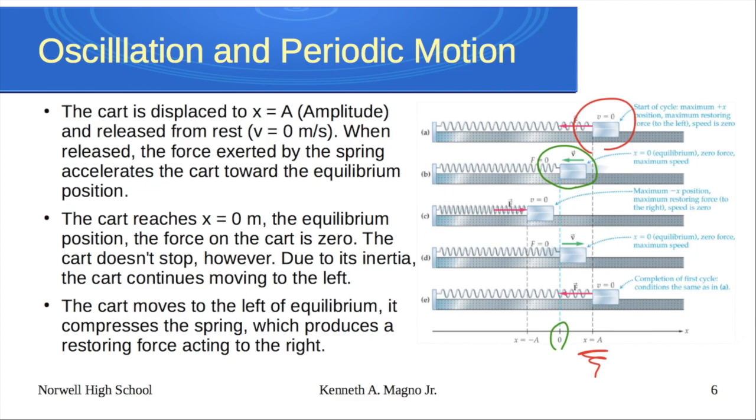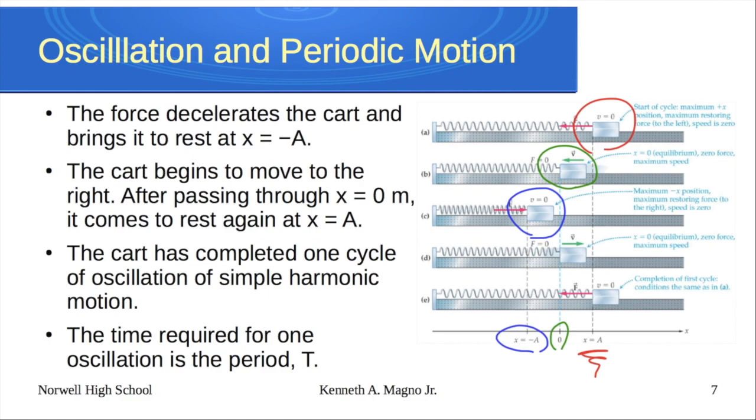Then it moves past there because it has inertia, and it gets all the way over here to the far side, where again the force is going to be stopping the mass, and it stops, hits the brakes. That's going to be at a negative displacement. Now we've decelerated to that point.